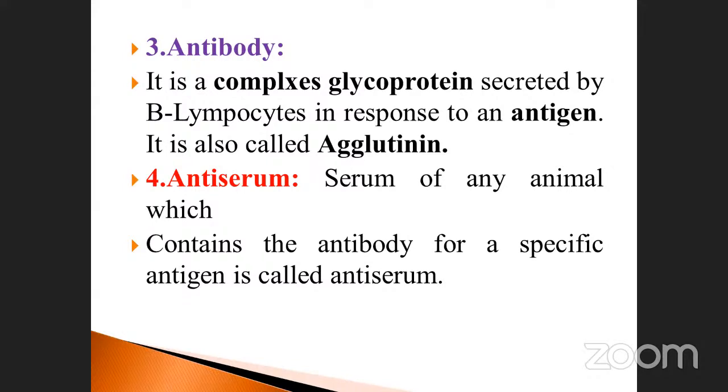It is also called agglutinin because when the antibody correctly pairs with the antigen, just like a lock and key model, the exact key opens the exact lock. Exact antibody reacts with the antigen, the clumps also take place, and the condition is called agglutination.